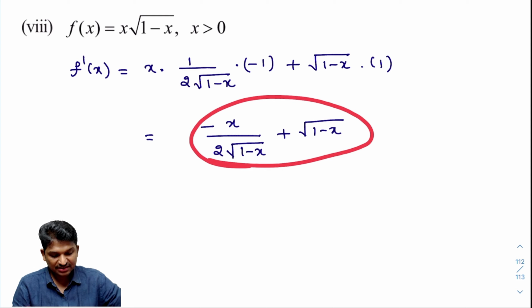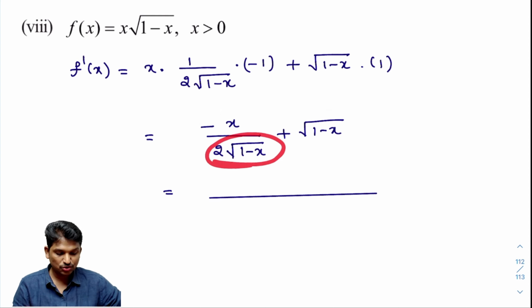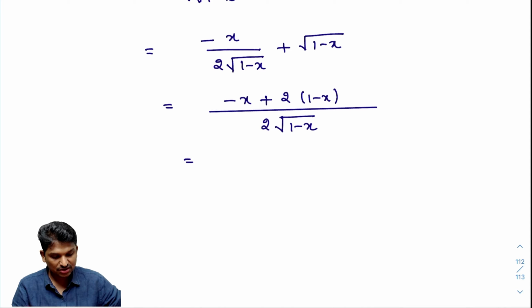Now let's simplify this. What is the denominator? The denominator is 2 into root over 1 minus x. In the numerator, what will you get? Minus x plus this into this, that is 2 into 1 minus x. Simplify further. What will you get?